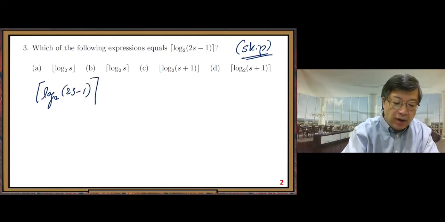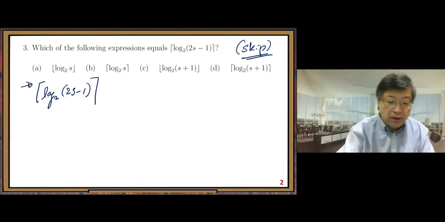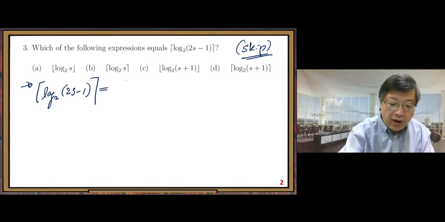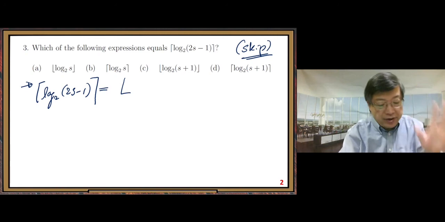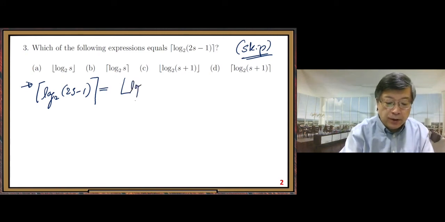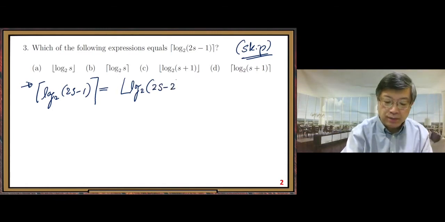But here, we use the ceiling function. When we use the ceiling function, we need to write it using the floor function, the other side, but we should have 2s minus 1 minus 1, another one, so minus 2.